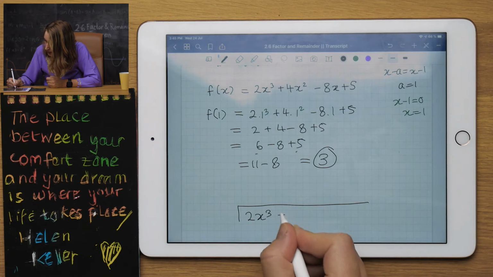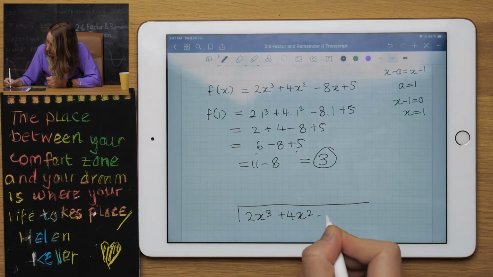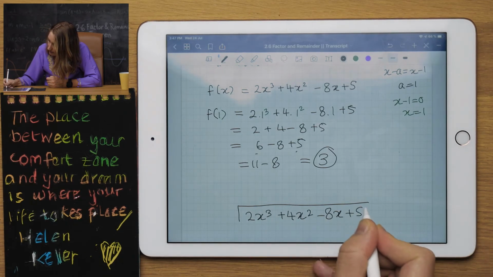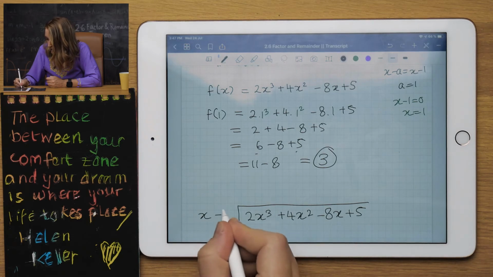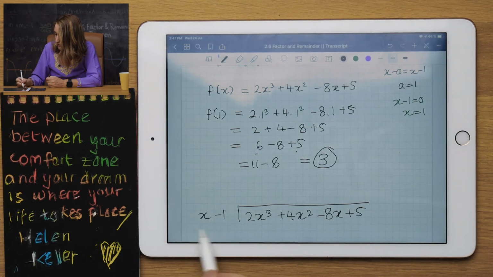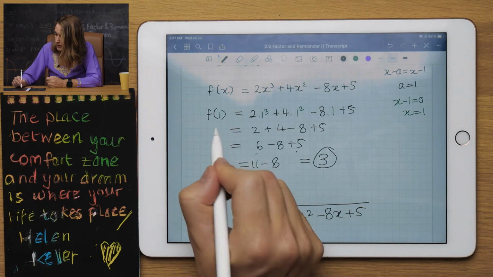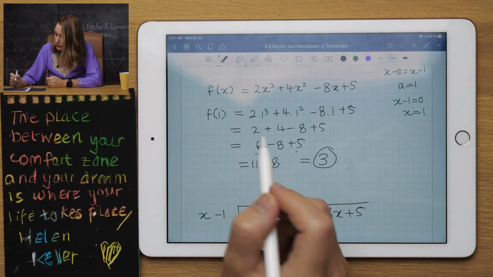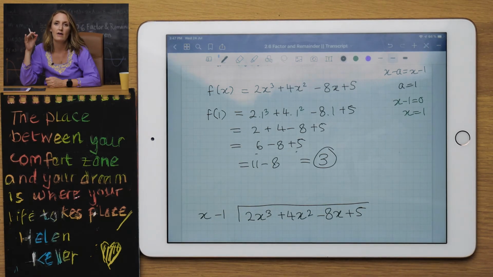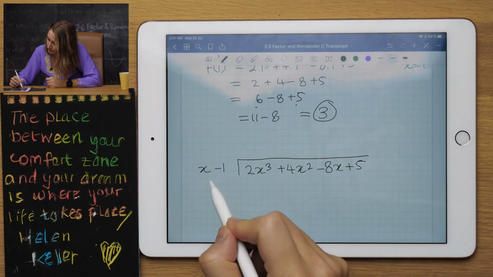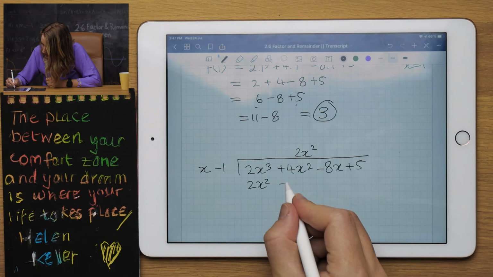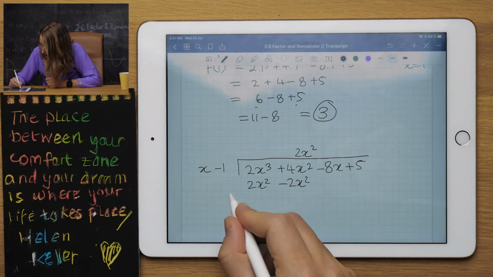2x cubed plus 4x squared minus 8x plus 5. We're going to divide that by x minus 1. Okay, so here we've used the factor x minus 1, and here we've used the root x is equal to 1. I'm going to do this quite fast because we should be professionals at long division by now. Minus 1 times 2x squared, like that.